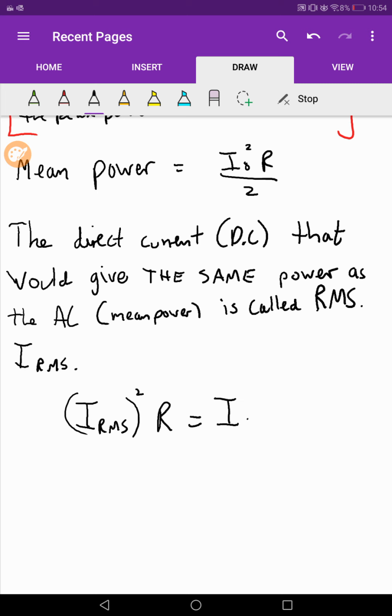So I naught squared R over 2. And we can just cancel the R's off, which will leave us with I RMS squared equals I naught squared over 2.